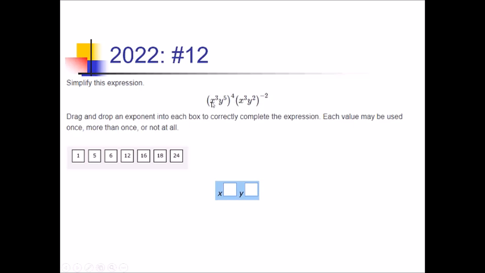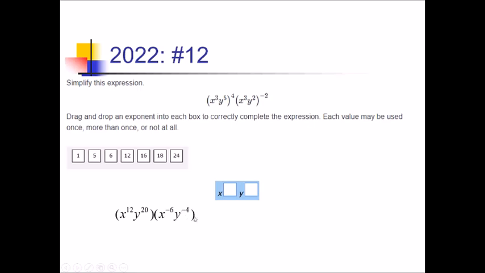So this x to the third is really x to the 3 times 4, or x to the 12. And we have y to the 5 times 4, so y to the 20. And for this next one, we've got x to the 3 times -2, so that's -6, and y to the 2 times -2, a lot of 2's in there, so that's -4.